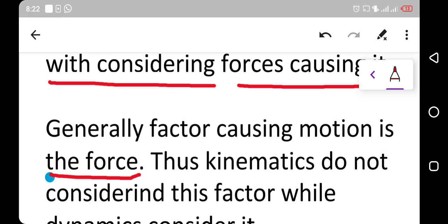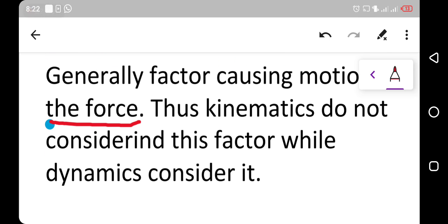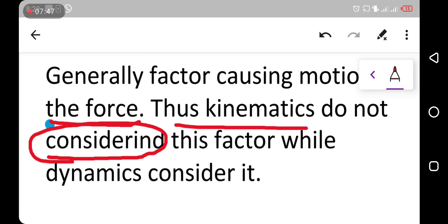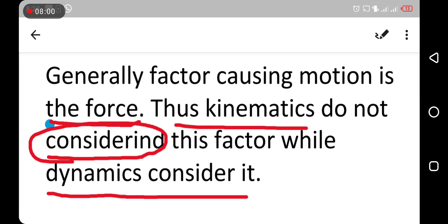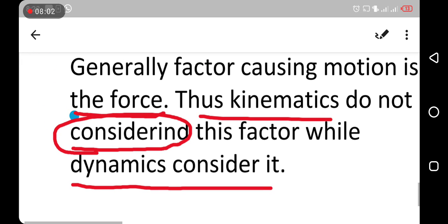Thus, kinematics does not consider this factor, while dynamics considers it. So dynamics, as we see, considers the forces, and kinematics does not consider the forces. So this is the end of our first lecture.